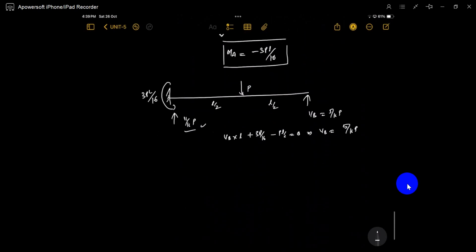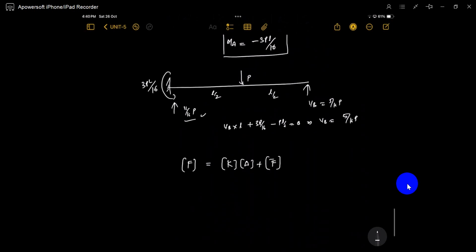Now you can get exactly the meaning of the stiffness matrix and flexibility matrix. Once again I will write: final force equals the stiffness matrix multiplied with the displacement plus fixed end force. We solved the problem; here the final force is almost equal to 0.